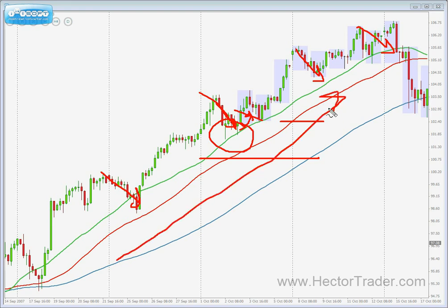Long if I am in an uptrend, as in this case, of course, hopefully riding a new swing to the upside.